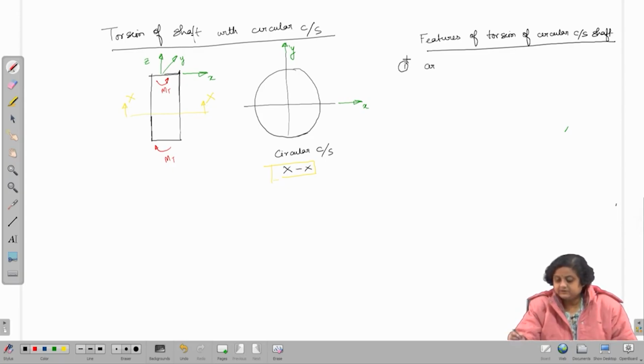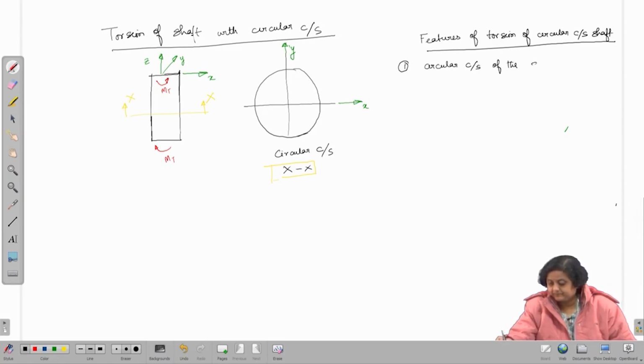The first feature is that the circular cross section of the shaft remains circular after the twist.